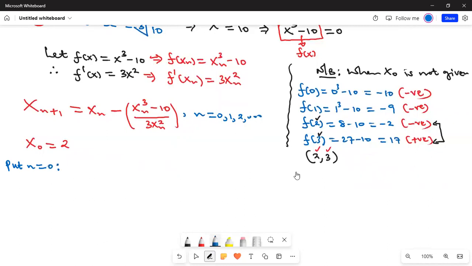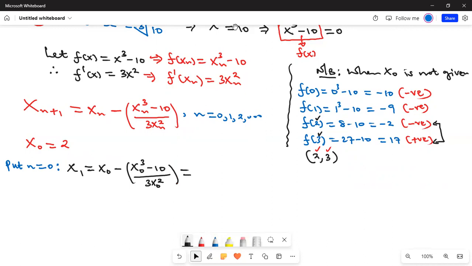So with this, you're going to get x1 is equal to x naught minus x naught cubed minus 10 over 3x naught squared. Press this in a calculator.